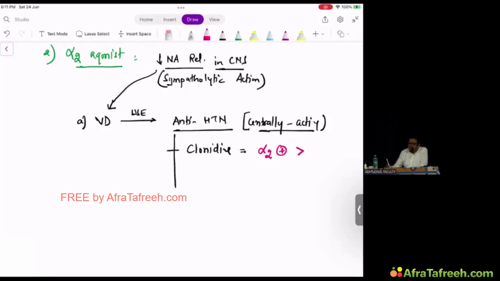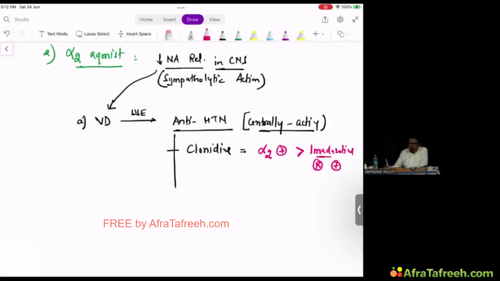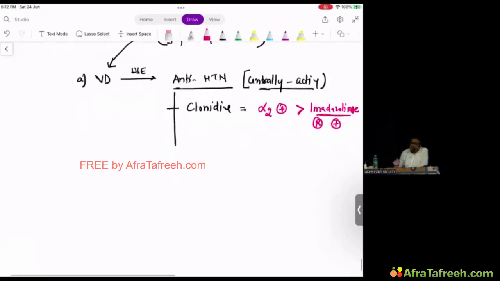But it also has one more action, imidazoline receptor stimulation. There is another receptor in CNS called imidazoline receptor, and that also it stimulates. So clonidine has two mechanisms: alpha 2 stimulation in CNS, and stimulation of another CNS receptor called imidazoline.